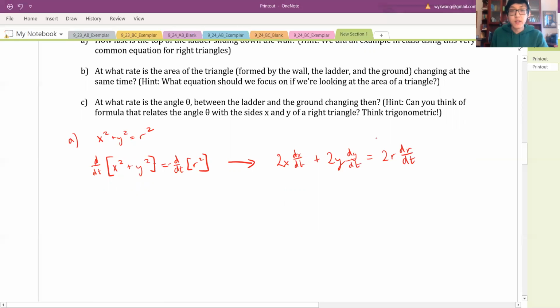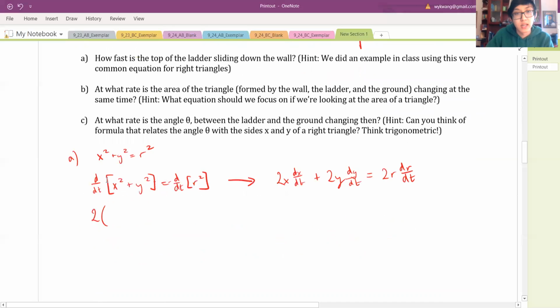Here's where related rates problems are like, you just have to start the problem and then you'll figure it out as you go along. Let's substitute everything that I know into this equation so we can find dy over dt, because that's our ultimate goal. So 2x: what did I say x is? x is 4.